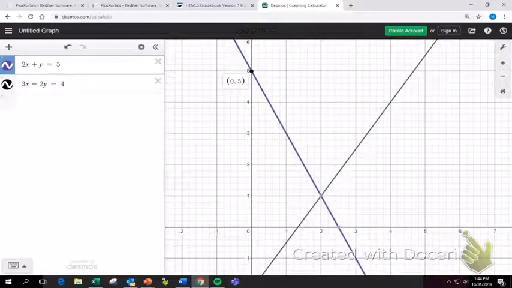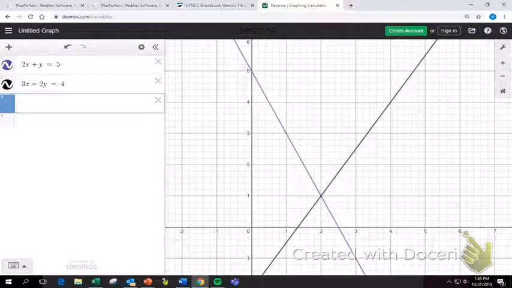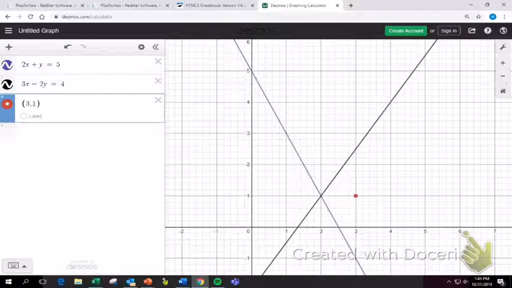And I need one more point. 3, -1 is another exact point. Now remember, if it's not cooperating, we can always type in a point and see if it actually does fall on the line. So 3, -1 is absolutely on the line.